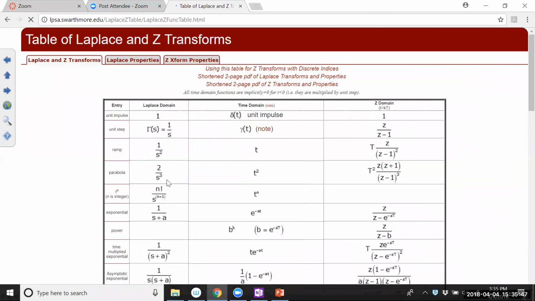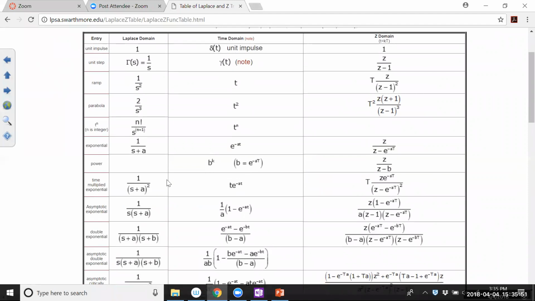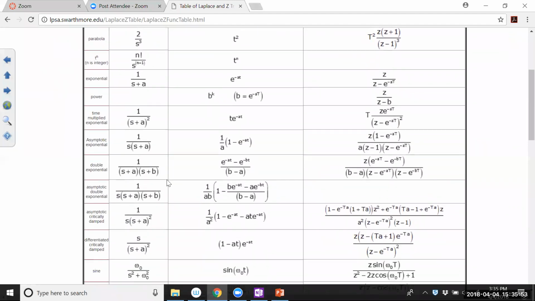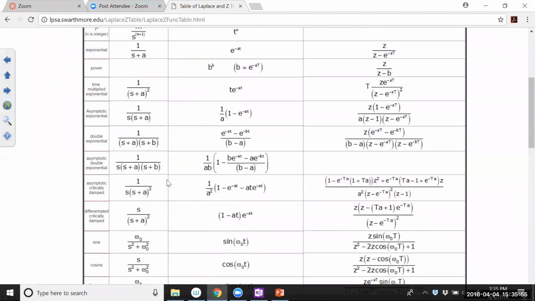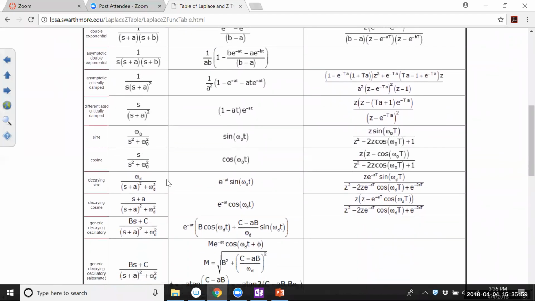I guess I just like this person's Laplace transforms. So look at this. Some constant divided by s squared plus some other constant.